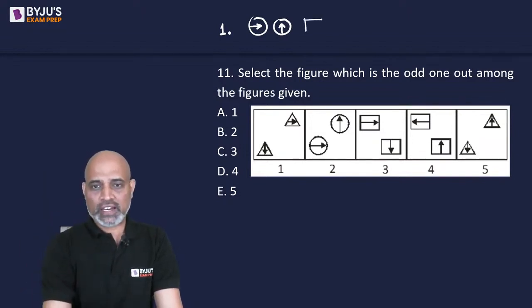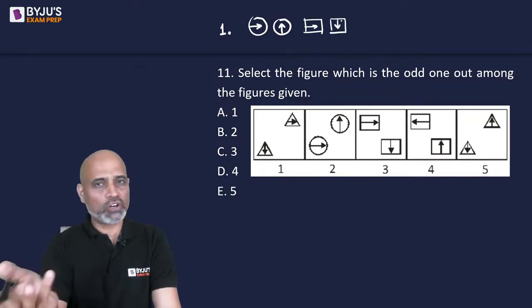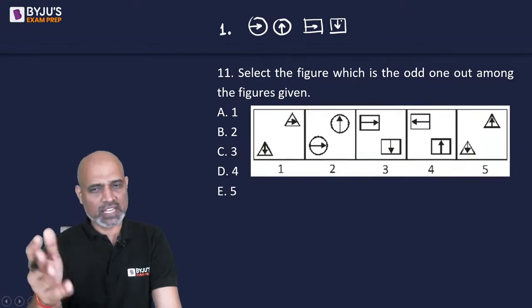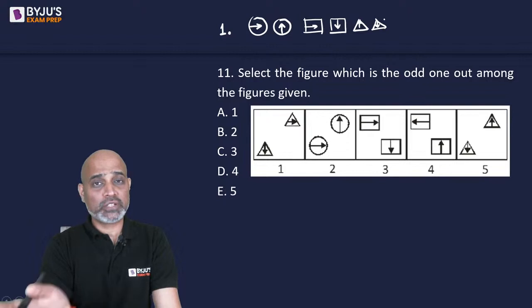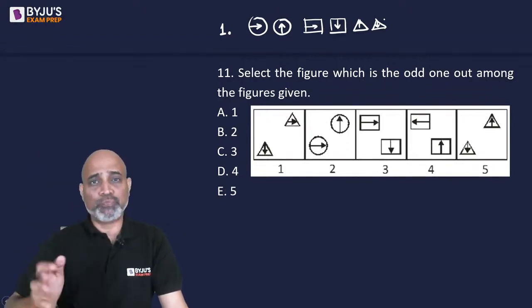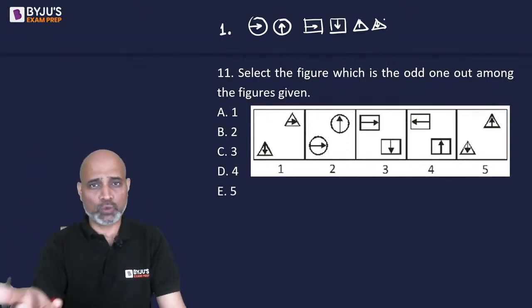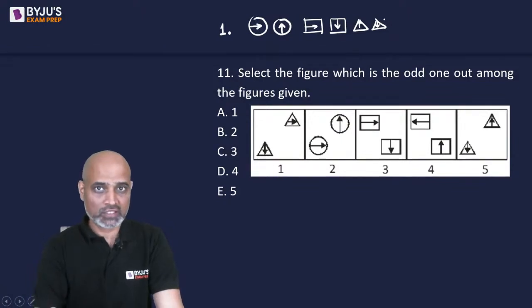If you take a rectangle, whether you draw an arrow like this or like this, it is again symmetrical horizontally or vertically. Same is the case with the fourth figure. If you take a triangle and draw an arrow like this or like this, it is symmetrical. The arrow breaks the figure into two equal or congruent parts.